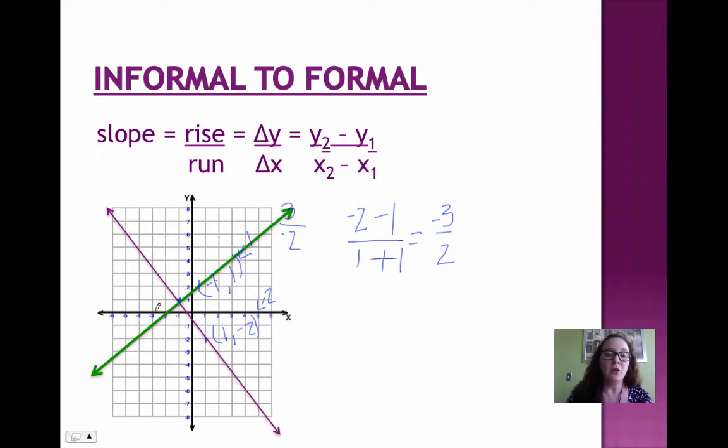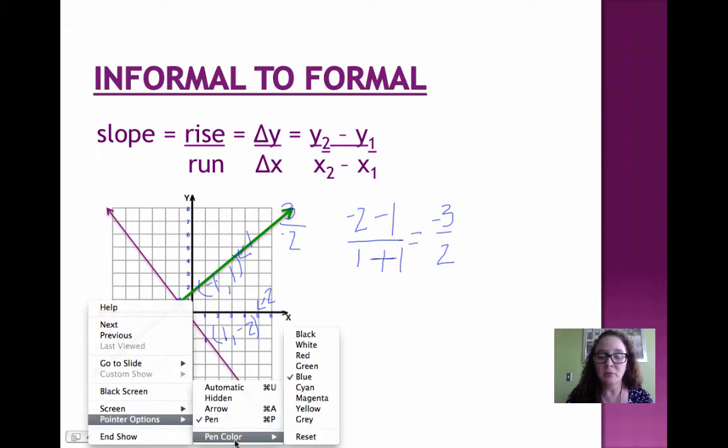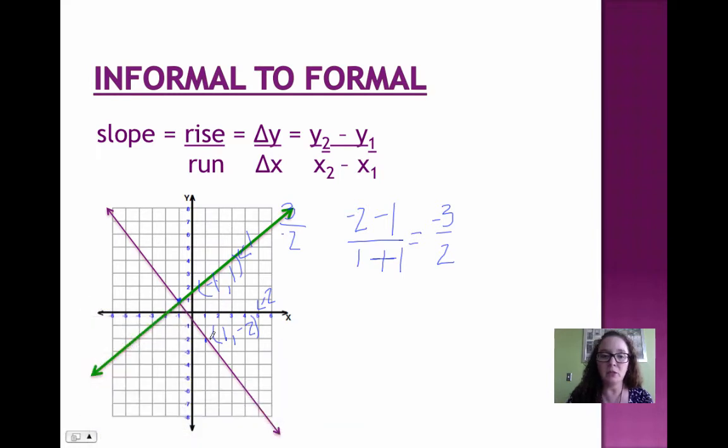All right, for this line right here, let's go ahead and plot a couple of points and determine the slope of this line. So let's go ahead and look at (-3, -1) right here. And I'll go ahead and write that in, (-3, -1), and (3, 4) right here.